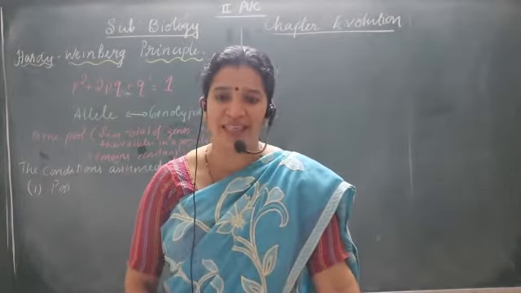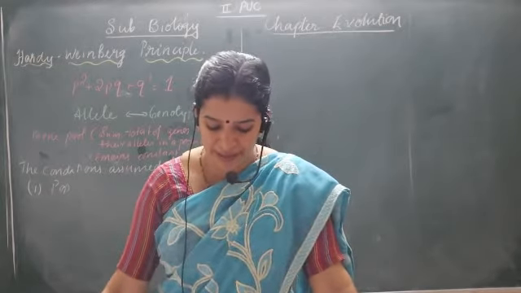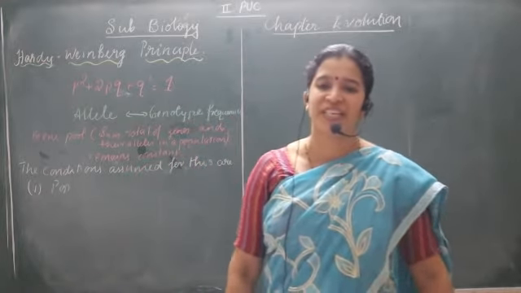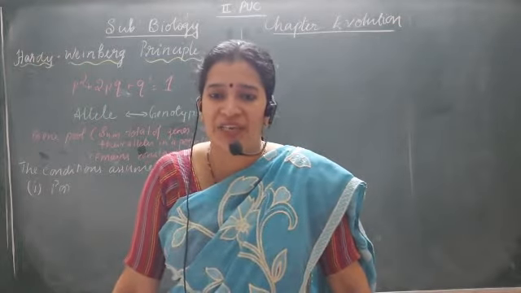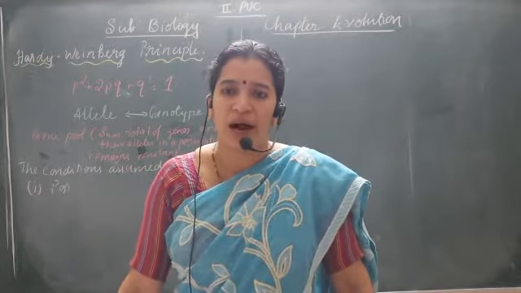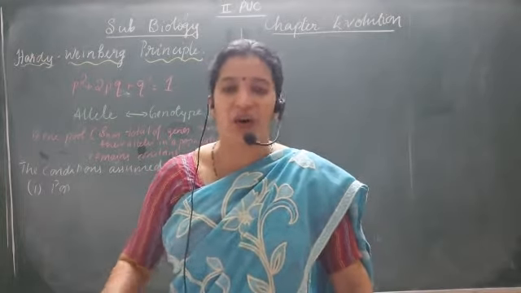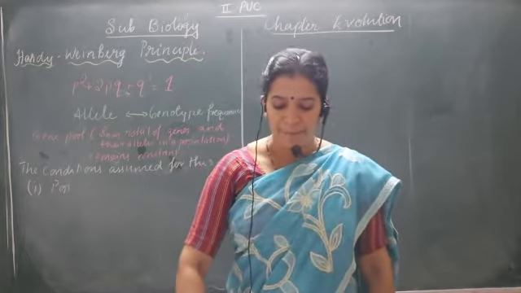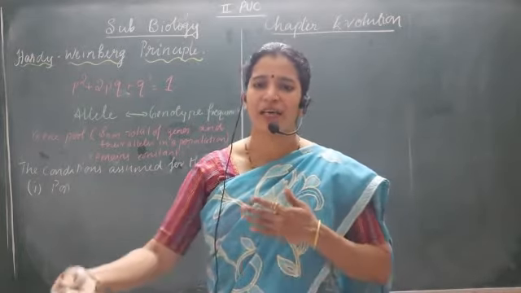Now, what is the significance of this equilibrium? It helps population geneticists assess the degree of evolutionary change, that is, the amount of evolutionary change that has occurred in a particular population, by comparing the allelic frequency of the present generation to the next generation.